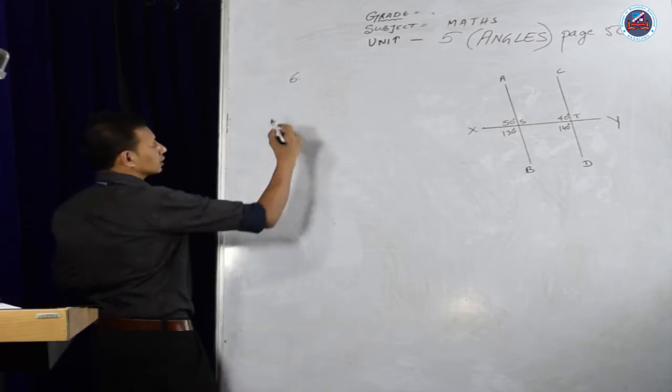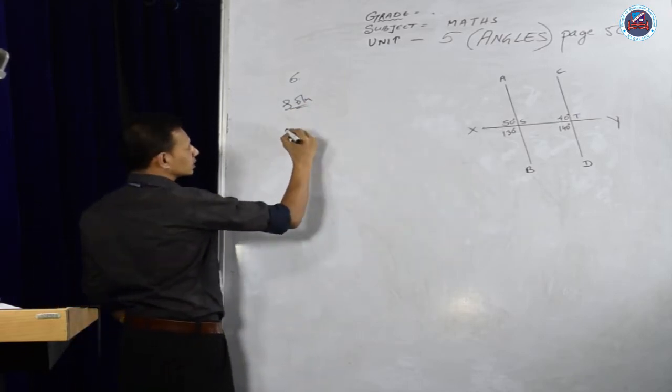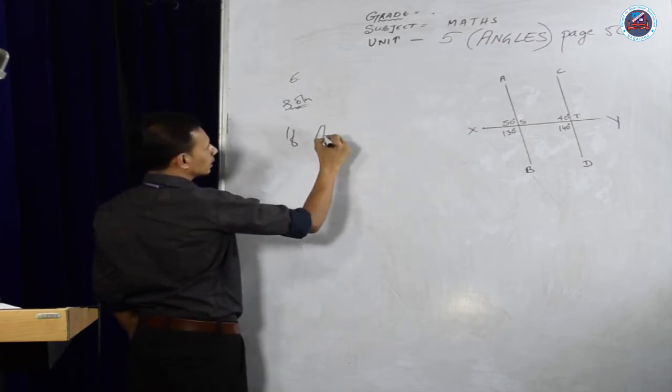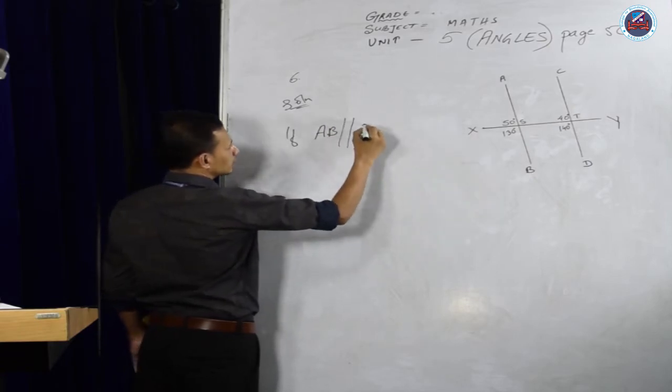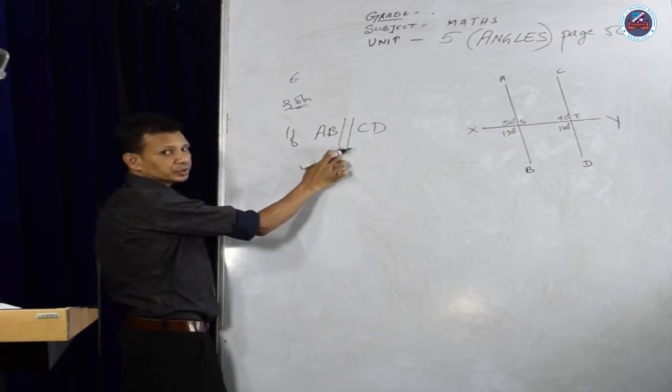Suppose in the solution, we don't know that these are parallel, right? So that's why we use if AB is parallel to CD, we can use the symbol of parallel, okay?